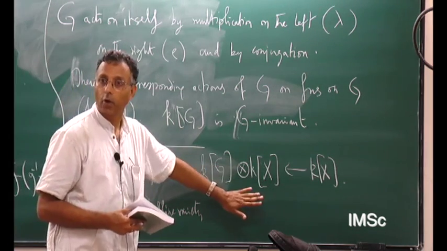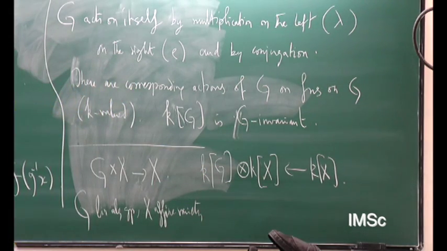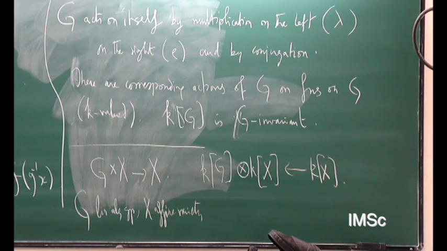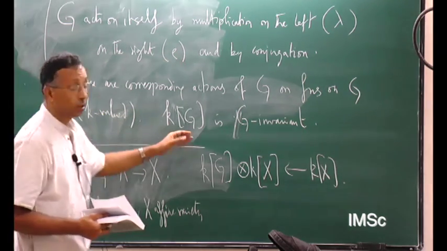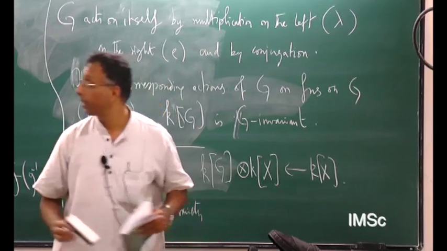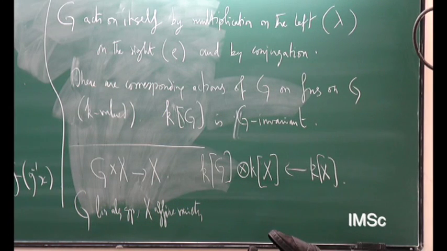There is nothing wrong with what I wrote, but I seem to have lost my thread a little bit, but never mind. This is all right. Okay, so there are indeed actions of G on this K[G]. Now let's also make the formal definition of a representation.